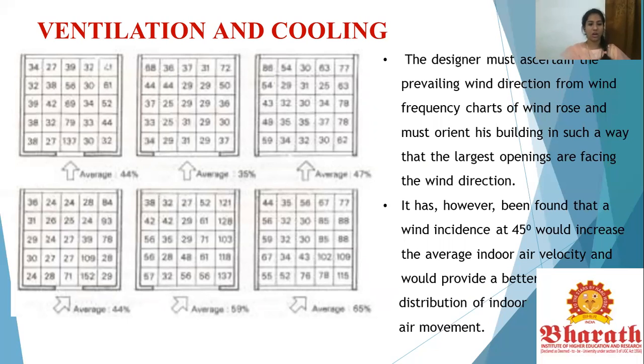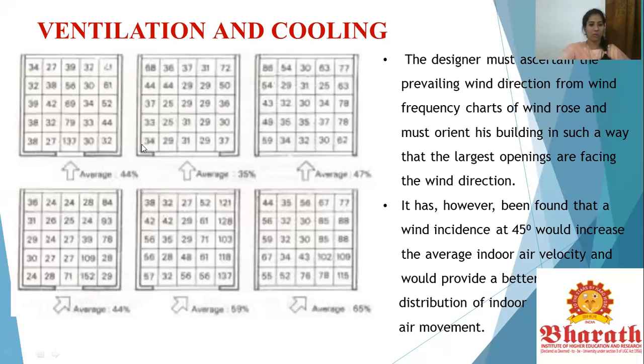It's talking about how the size of the openings is not the only element, but also the direction in which the wind enters the building. It has been found that wind incident at 45 degrees would increase the average indoor air velocity and provide a better distribution of indoor air movement.